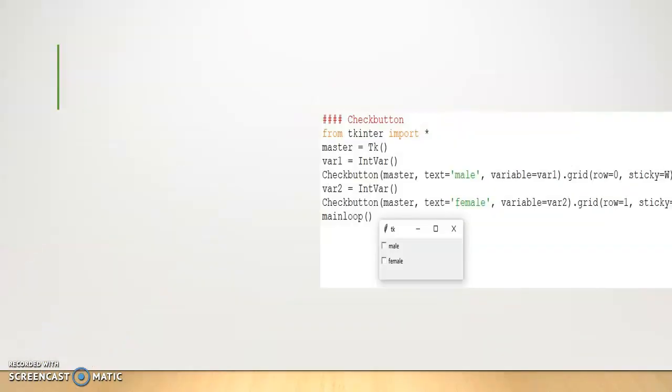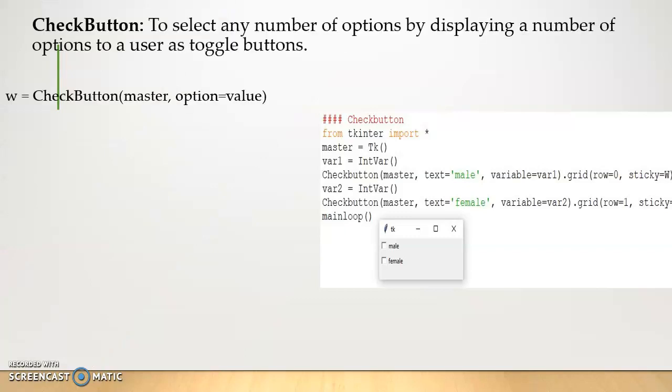Okay, and after this we will see another widget, that is the check button widget. It is used to select any number of options, by displaying a number of options to a user as toggle buttons. The syntax of the check button is: Checkbutton(master, option=value).